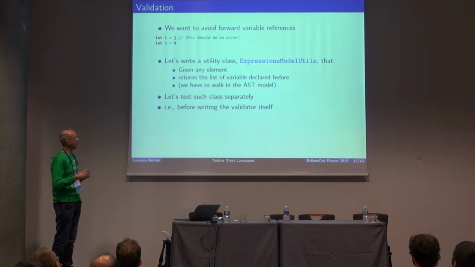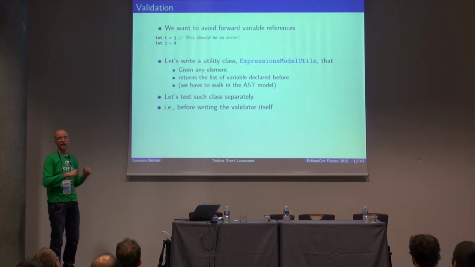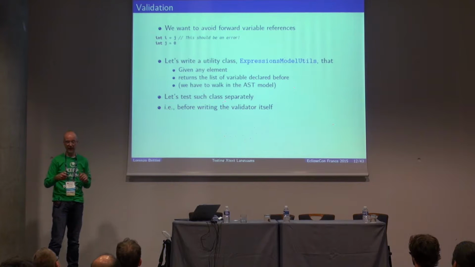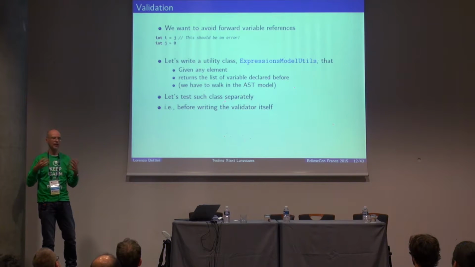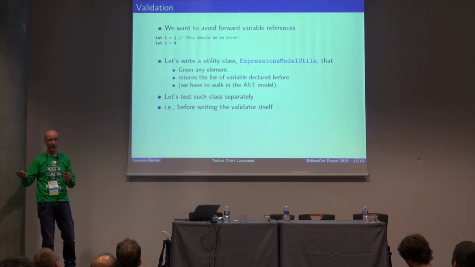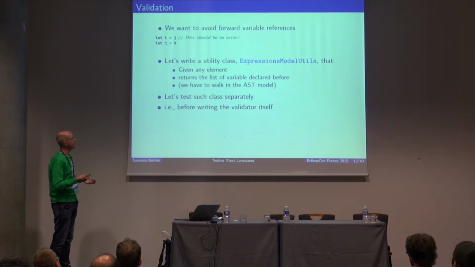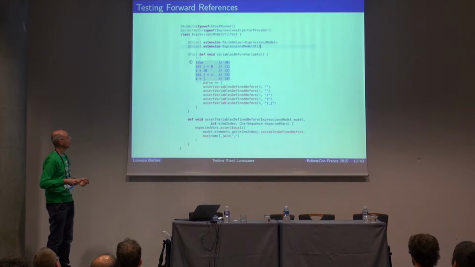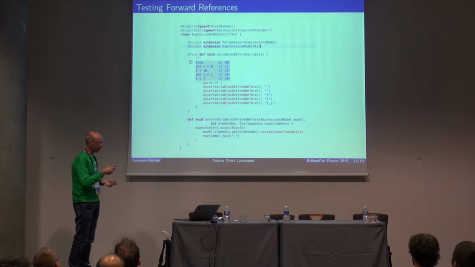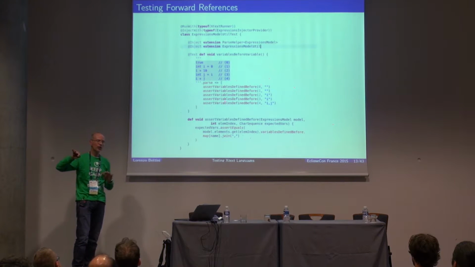And the idea is that we are not writing the validator yet. We test this class separately. And then when we're sure that this class works as expected, we pass to the validator. And again, it's easy to test it. So we just call, as I said, I'm not showing the implementation, I'm showing the tests. Okay?